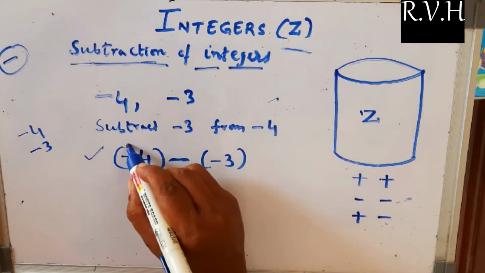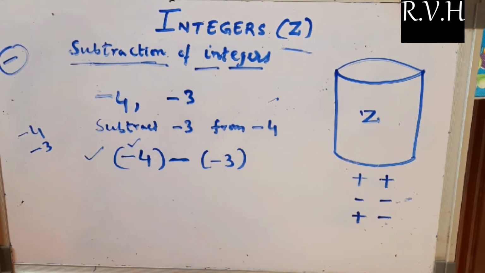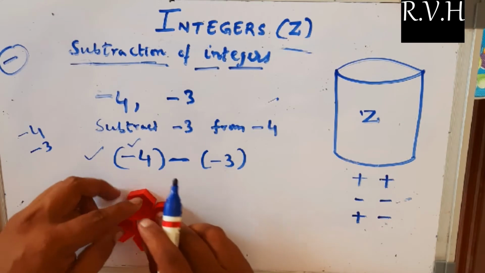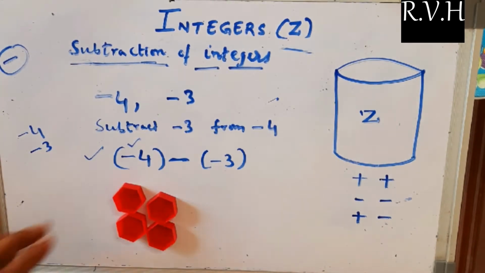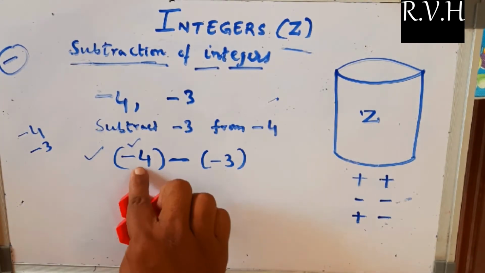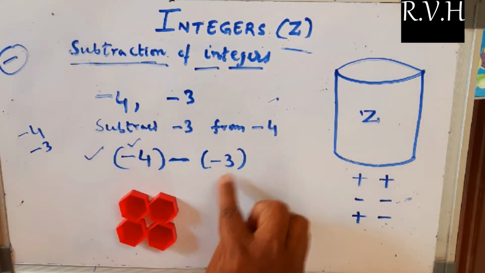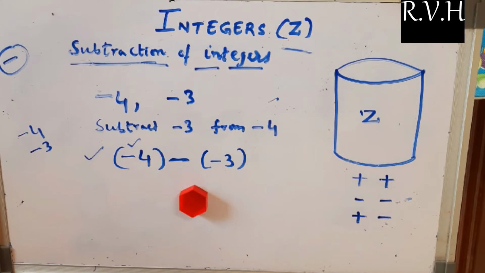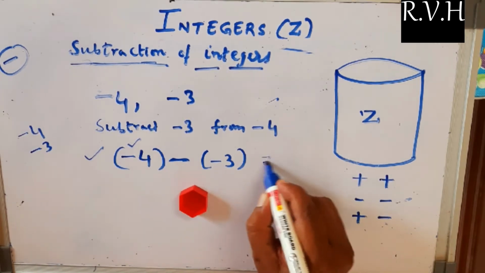What is the first one? Minus 4. I had to take 4 red ones. From 4 red ones I had to take 3 red ones, minus 3 red ones. Quite simple. So I'm going to have 1 red one. That means my answer is minus 1, isn't it?